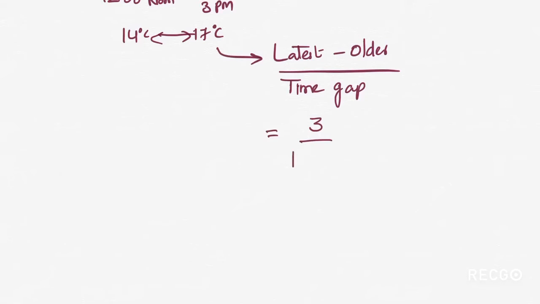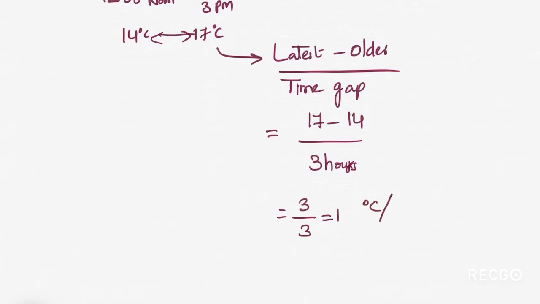And the difference means 17 minus 14 is 3, divided by 3 hours. Therefore 3 by 3 is equal to 1 degree centigrade per hour.